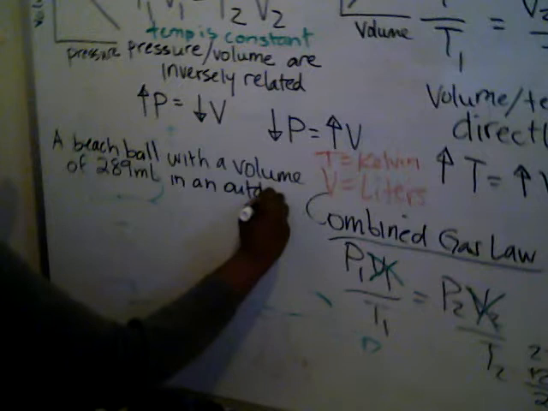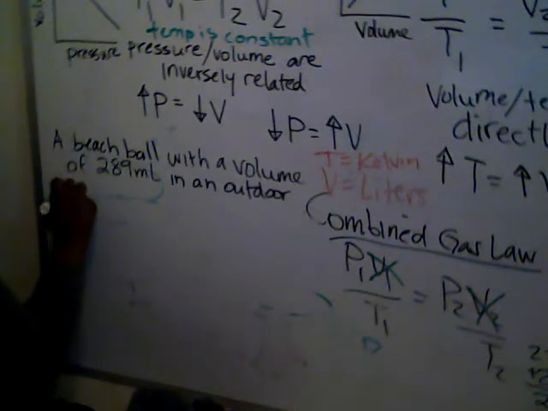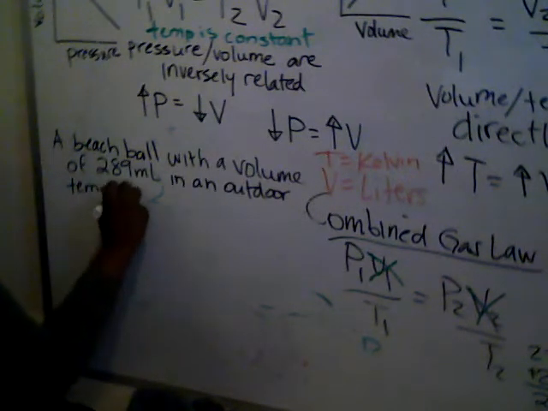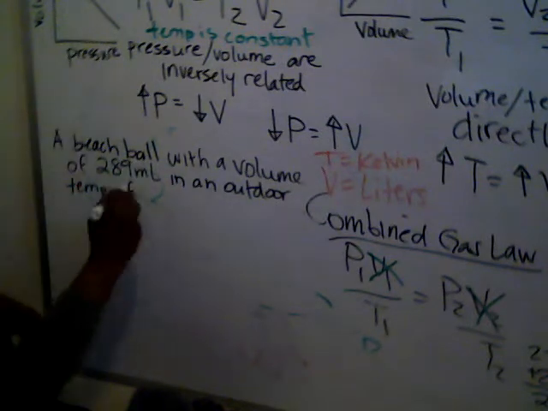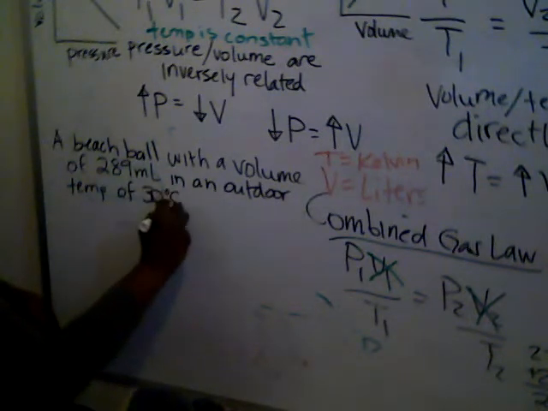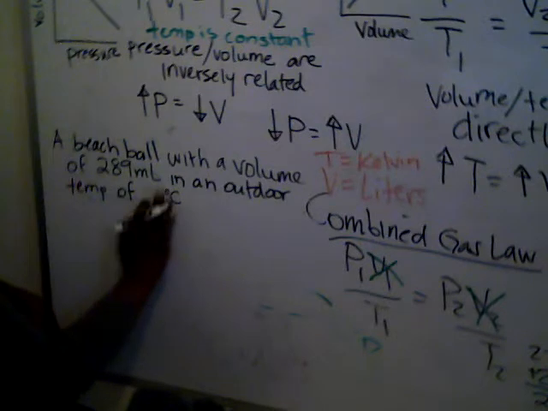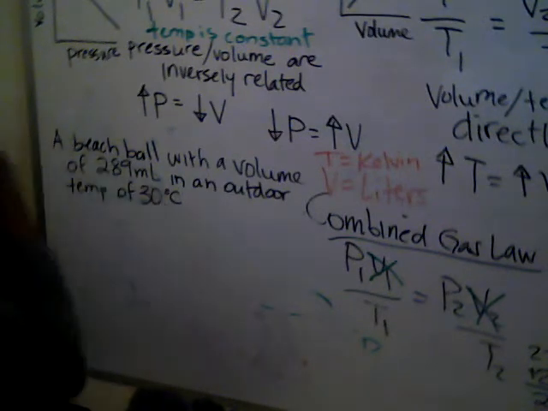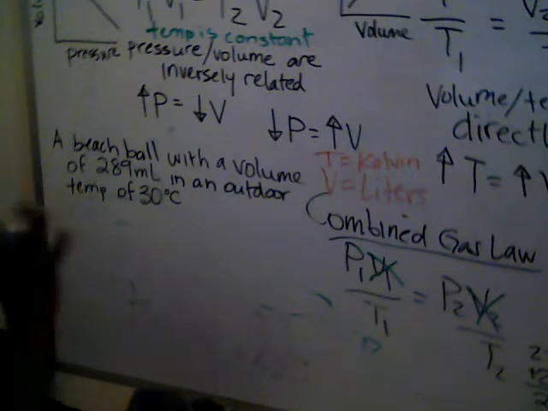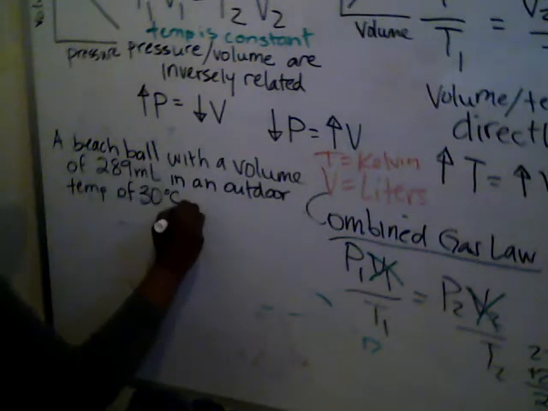Let's say it's a beach ball in the summertime at the beach, with an outdoor temperature of 30 degrees Celsius. Okay, so we have a volume of 289 milliliters in an outdoor temperature of 30 degrees Celsius.